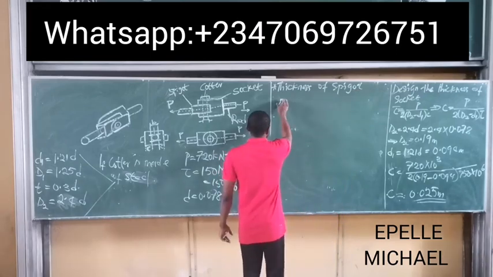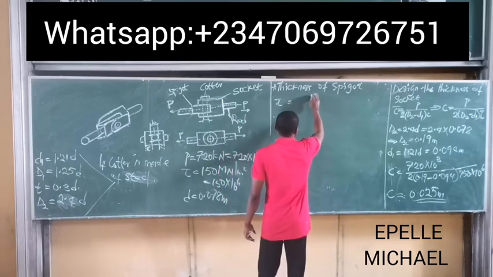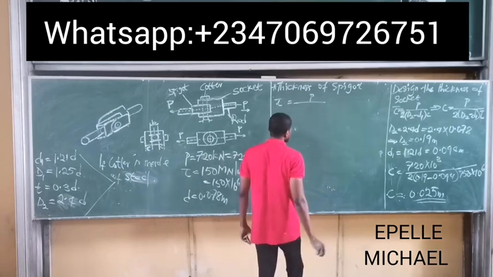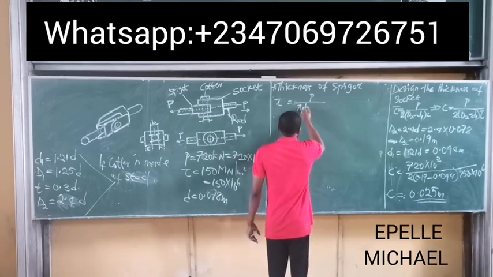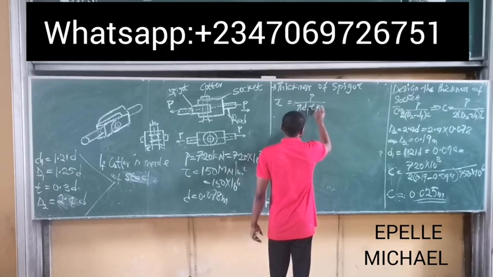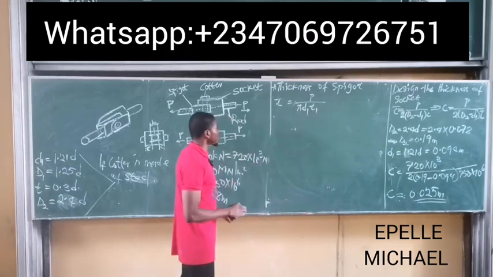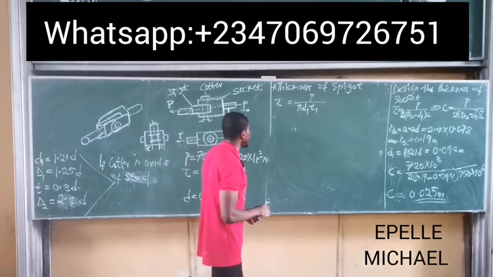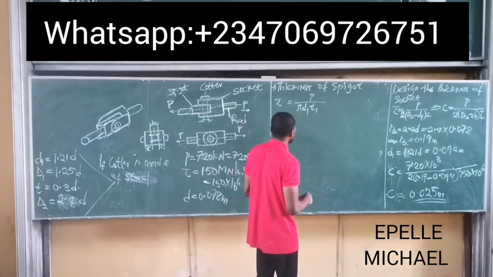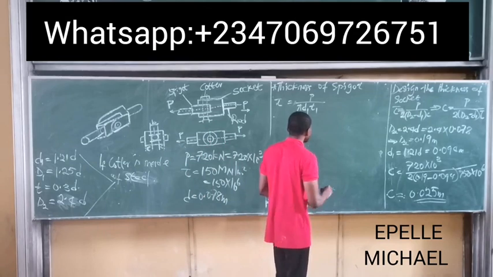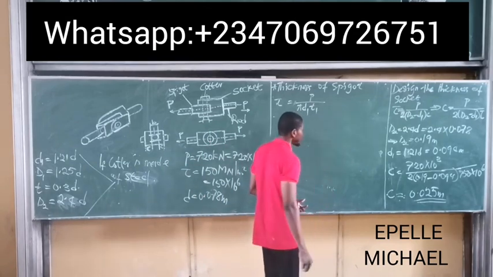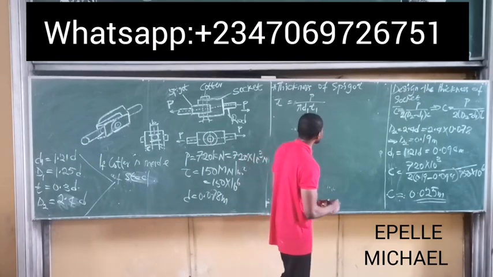What's the formula? Shear stress equals P all over pi D1 T1. So we design the thickness of the spigot given by shear stress equals P all over pi D1 T1. We simply make T1 the subject, that's the thickness of the spigot.